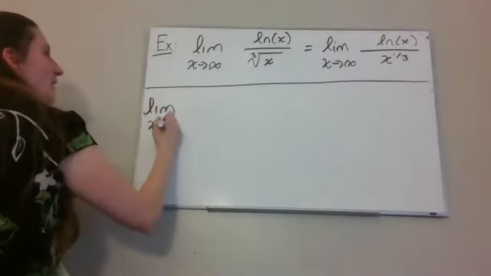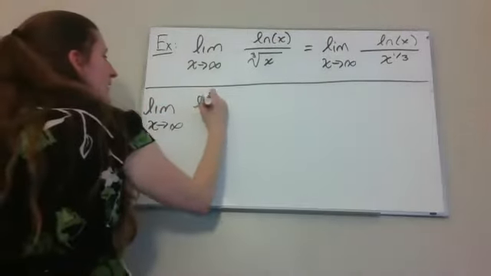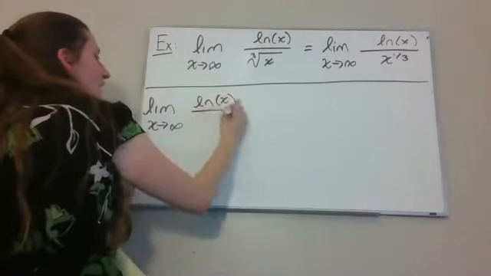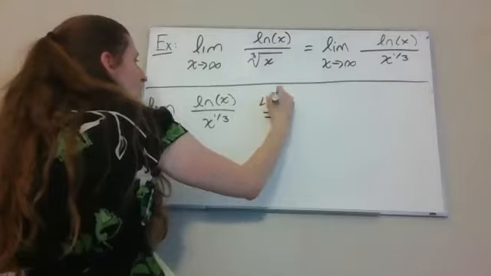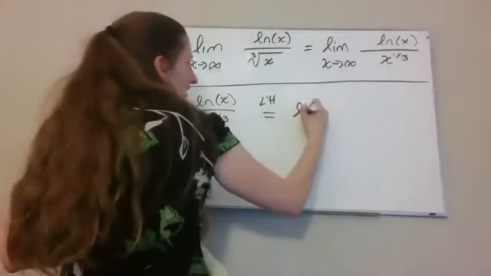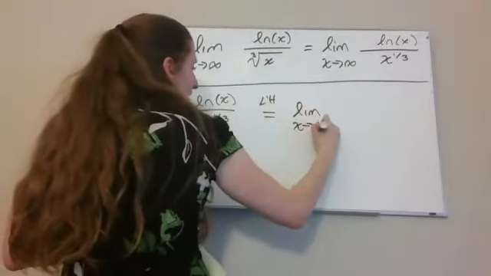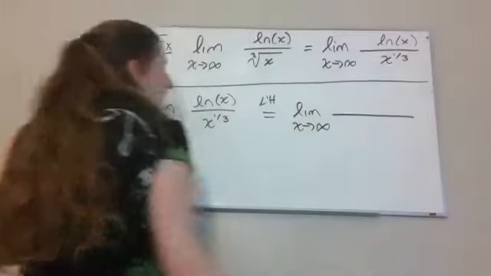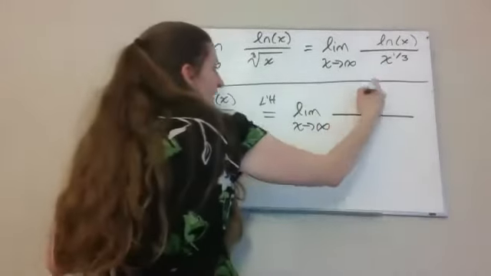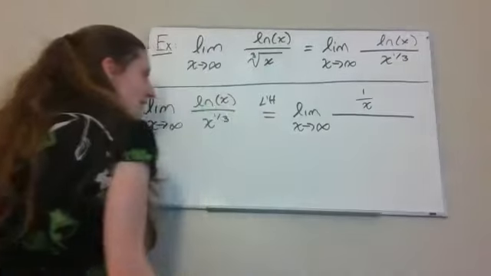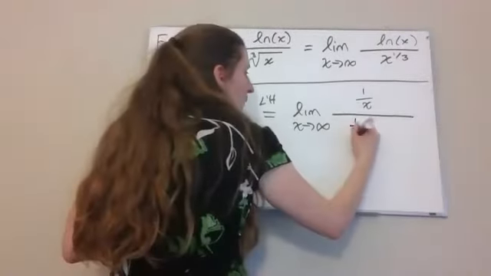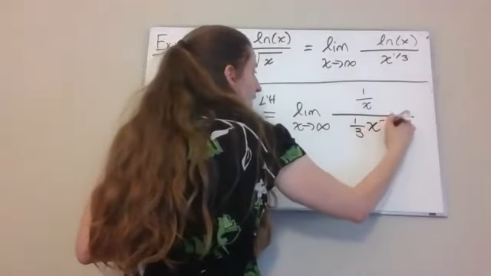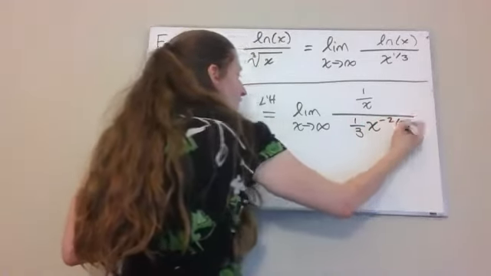A limit as x approaches infinity of natural log of x over x to the 1/3. Using my L'Hopital's rule, I get a limit as x approaches infinity. The derivative of natural log of x is 1 over x, and the derivative of x to the 1/3 is 1/3 x to the negative 2/3.